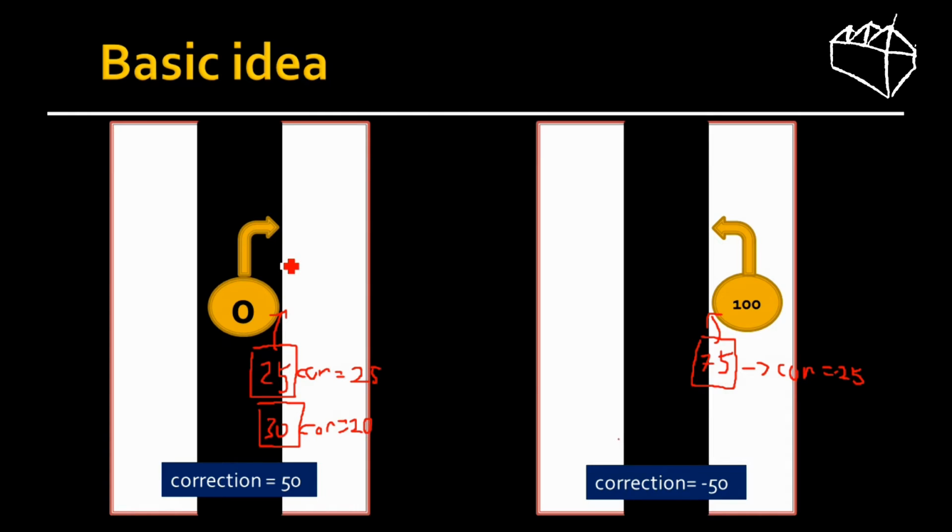And if it's here, it doesn't have to turn anymore because the distance is 0. So it just calculates the distance, and with this distance it will calculate the error, or the correction.